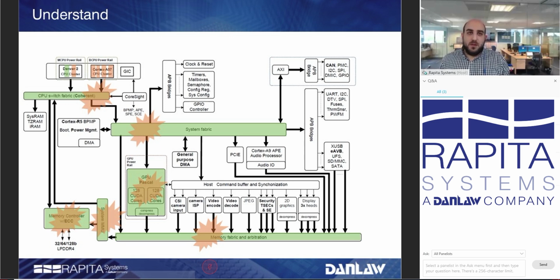So that will be the three fabrics or buses in the system, the memory controller, the GPU, as well as resources which are available inside the clusters. So based on that view, we need to think about how we would design tests that give us the information that we need to measure the impact of contention on those resources.